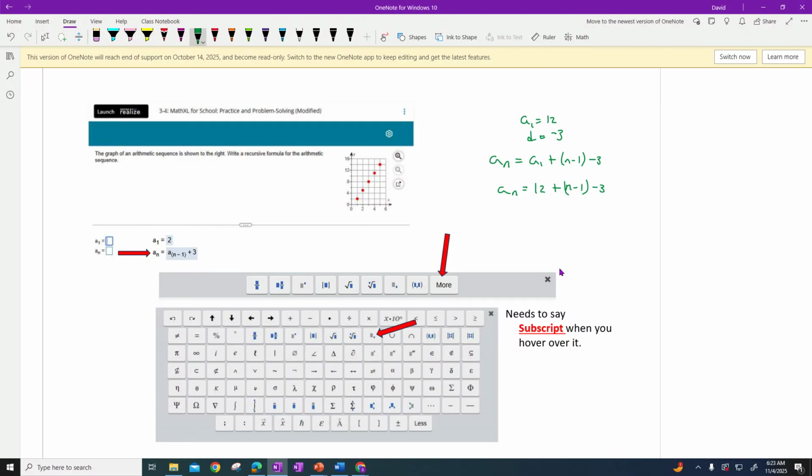And so I kept looking and looking, and I kept doing it. And then it says the right answer is this. And I'm thinking, what? Well, it is 3 times all this, and then I want to change the sign because that's going to be a negative 3, and that's going to end up being a plus 3. And then it's like, wait a minute, I have to put this in parentheses. So anytime you have a negative difference and you're doing the explicit formula, put that in parentheses, negative 3.